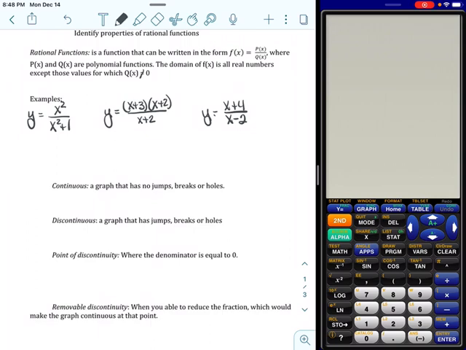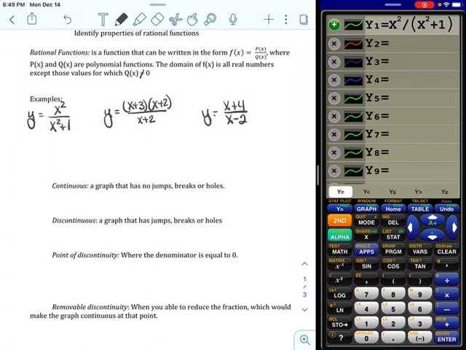All right, so I'm going to graph the first one. I already have it in here. Notice that there are parentheses around the denominator. You have to use those parentheses if you're going to use your calculator to graph, because otherwise it's not going to do it correctly. It will divide the x squared first, then add the 1, so you're just going to get a horizontal line at 1, because the x squareds would cancel out.